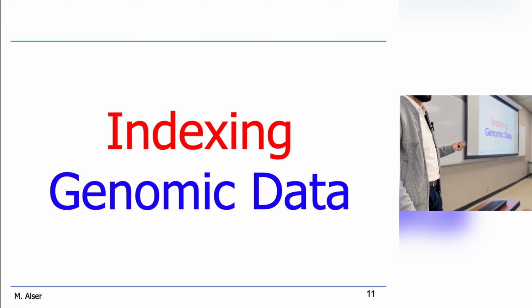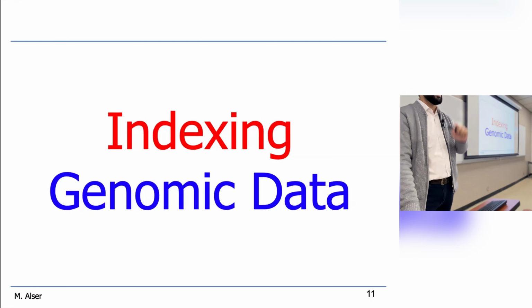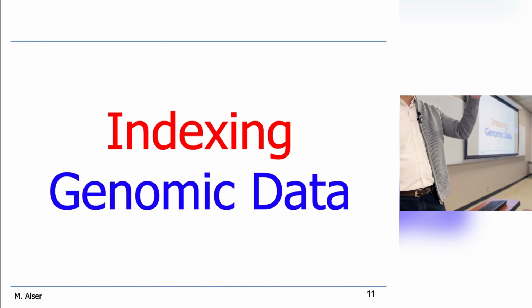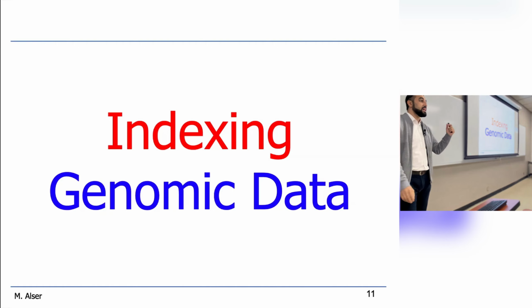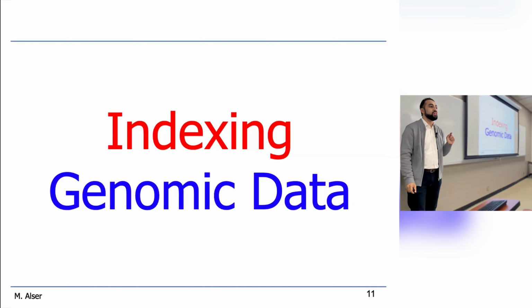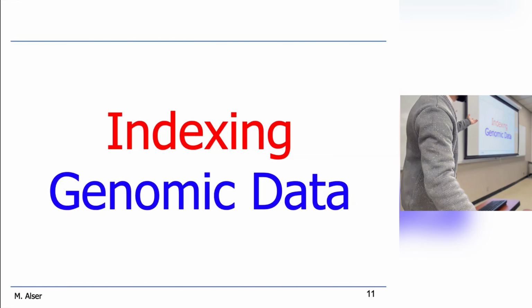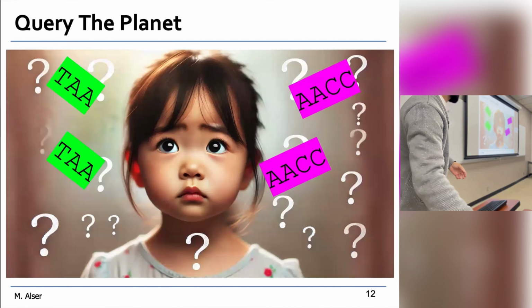Remember that each of those FASTQ or FASTA files is normally huge, like 100 gigabytes. So you cannot check it by eye and check those lines and start building correlations out of it, okay? You cannot even open it on your laptop or computer. So you have to have an efficient way of streaming that file. Read it piece by piece. You cannot just open it and load the entire thing into your main memory, okay? And that's what we'll be talking about: indexing genomic data.